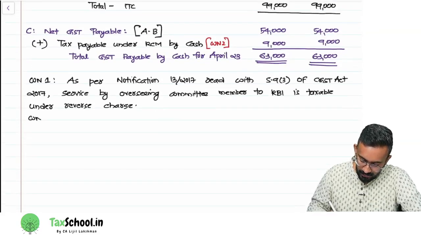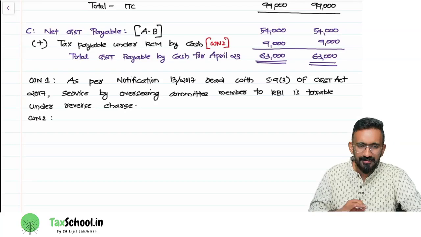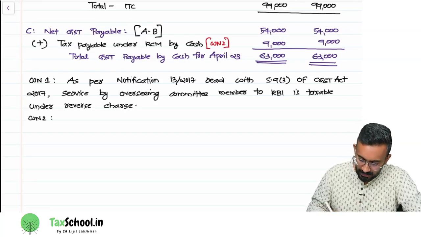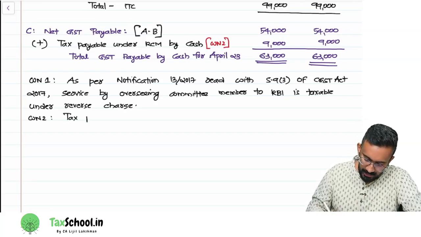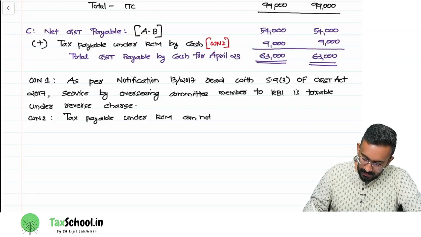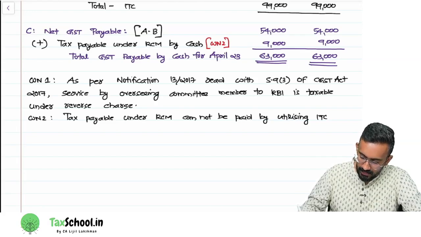Working note number 2, common working note. For every RCM question, you can write this working note. Tax payable under RCM cannot be paid by utilizing ITC.